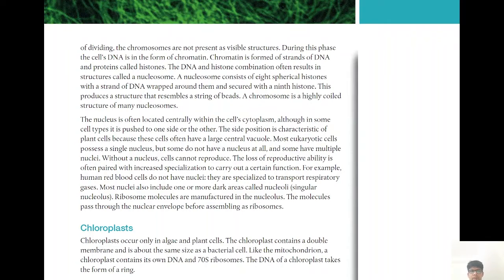Cells without a nucleus cannot reproduce. The loss of reproductive ability is often paired with increased specialization to carry out a certain function. For example, human red blood cells do not have nuclei. They are specialized to transport respiratory gases.